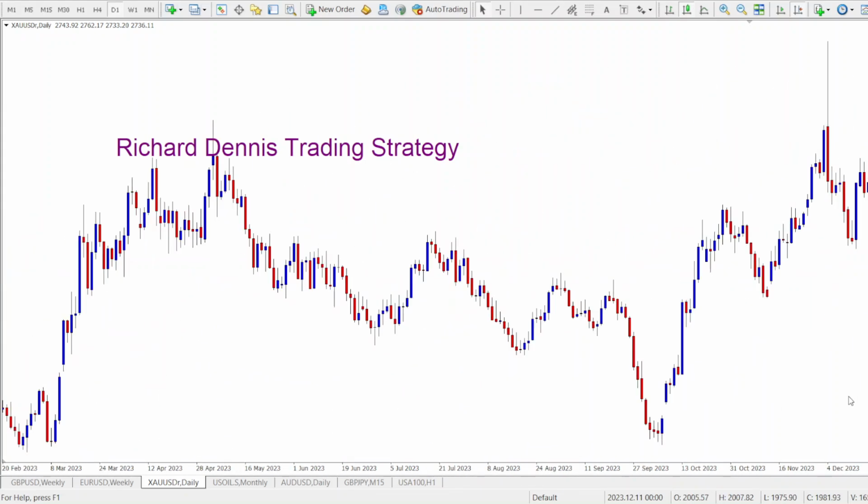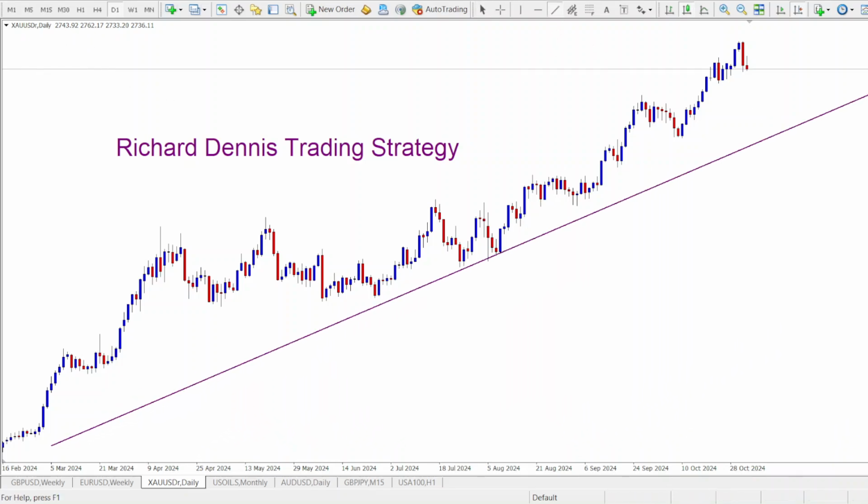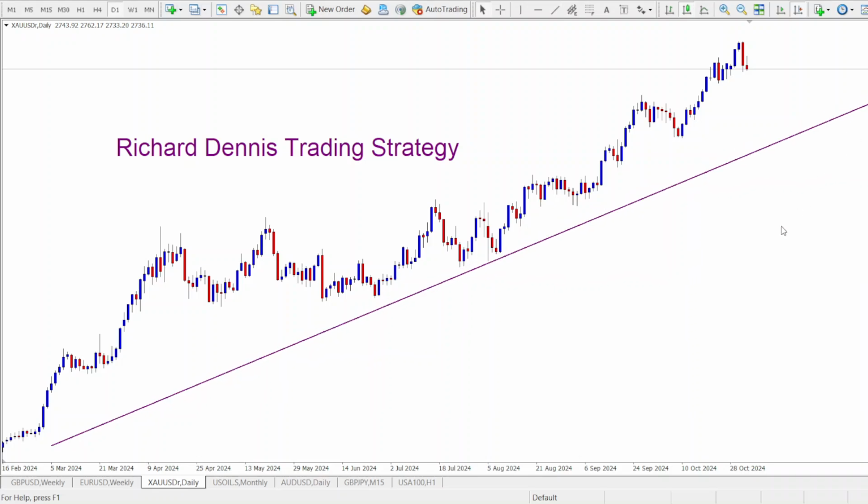For example, now that the gold trading pair, XAU-USD to be specific, is trending upwards, this would be a good asset for this strategy, because this strategy emphasizes trend following. So it requires you to stay aware of market conditions and be ready to adapt to changes.